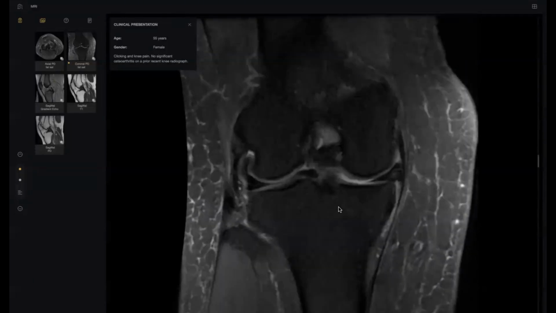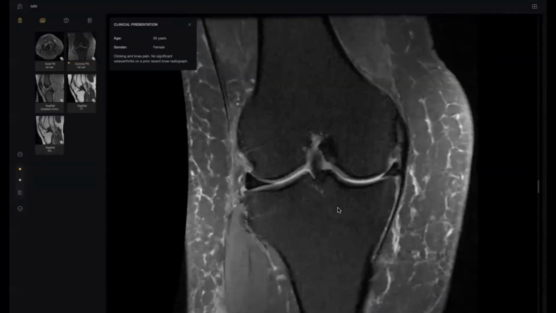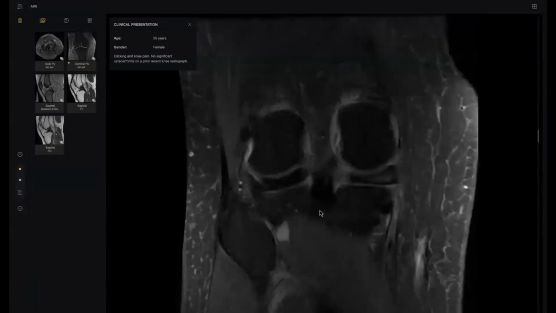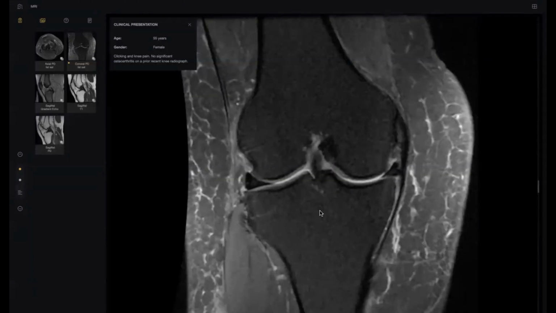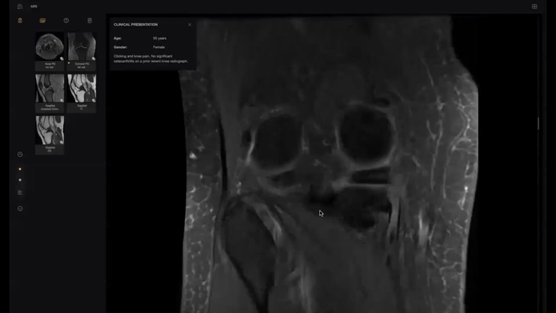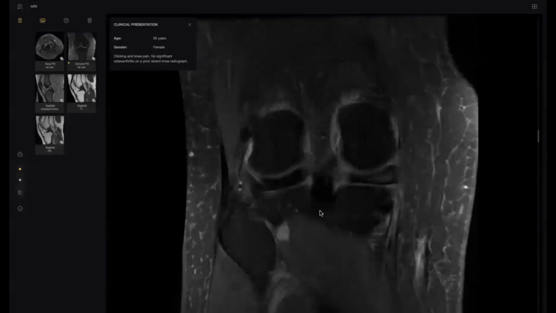Sir, the lateral meniscus appears to be extending. Don't worry about it. Stop here. No, go back. Look here. What happened? Sir, there is high signal along the posterior root of the medial meniscus.